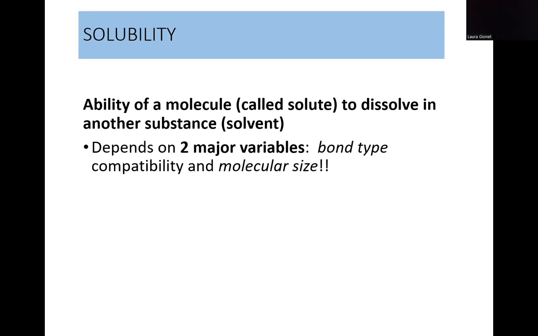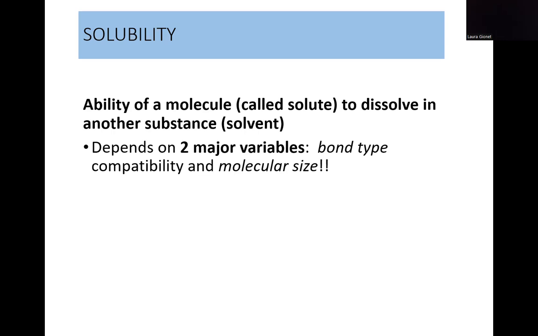And when they're like that, they like to be around other things with charges on them. So water likes to be with sodium chloride, because we know salt dissolves in water, and you'll see that in just a moment. And fats like to be dissolved in other fats because they're all non-polar covalently bonded.